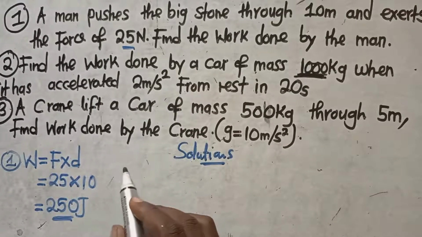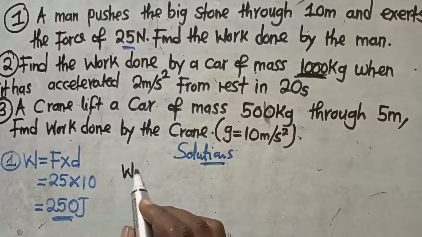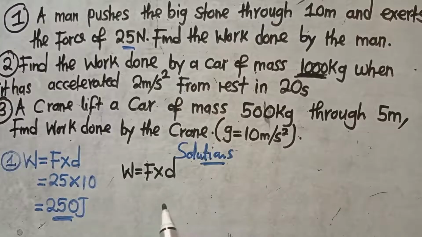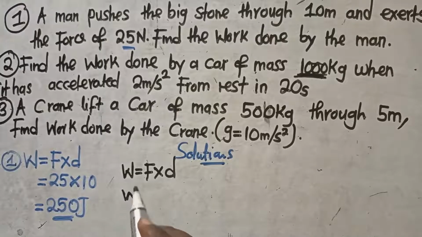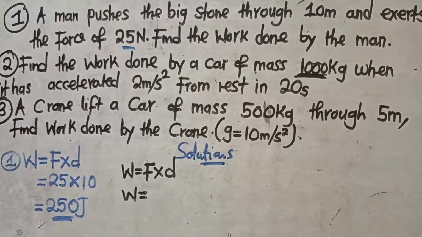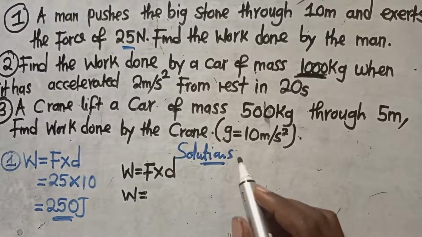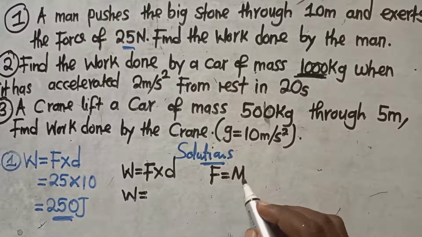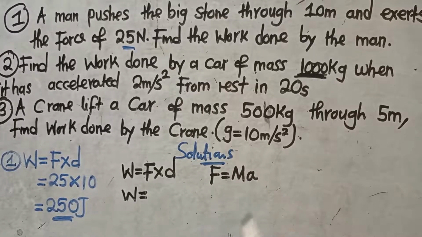You know that the formula is work done is equal to force times distance. What is the force? We are not given the force. We need to find the force. We know that the formula is force equals mass times what? Acceleration.